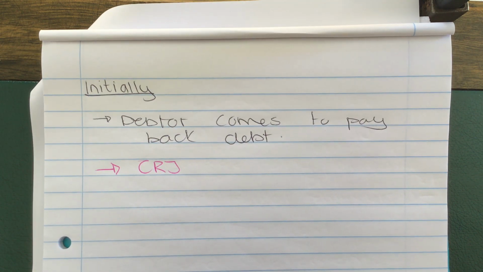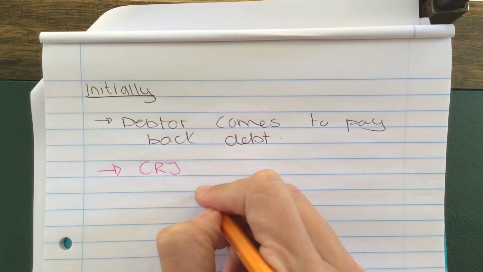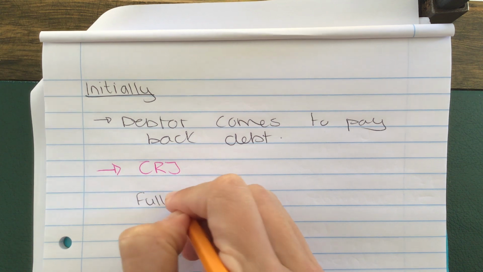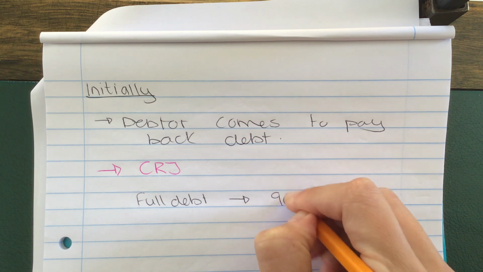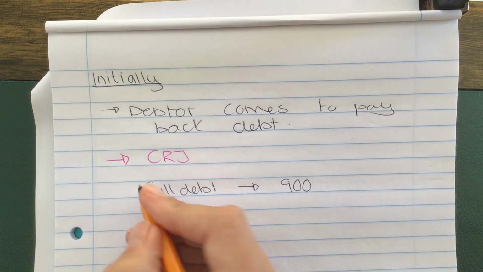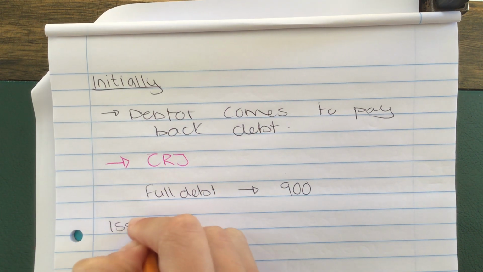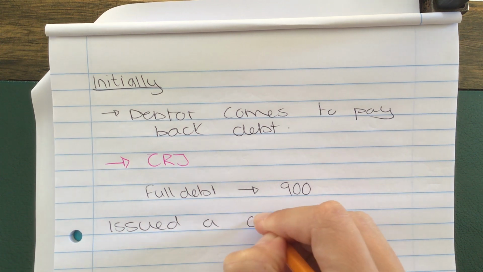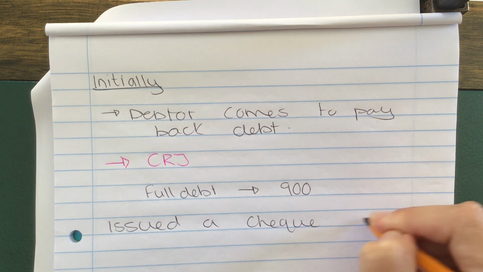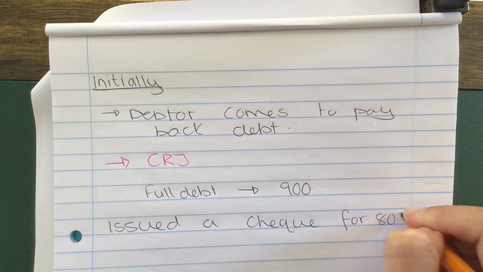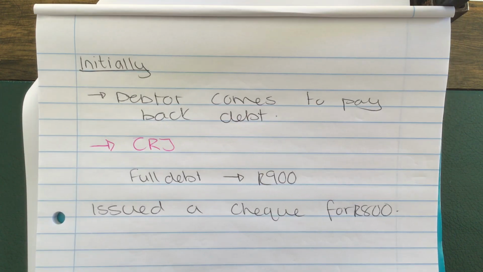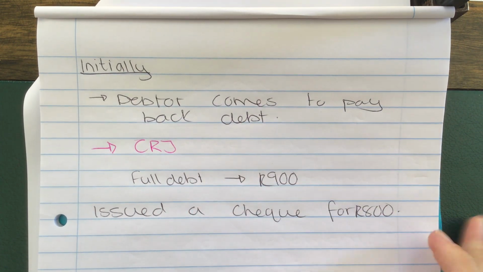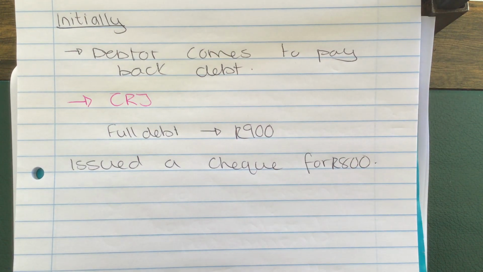Now, let's say we have a debtor whose full debt amount, so how much they owe us, is 900 Rand, okay? And let's say the transaction says that they issued a check for 800 Rand. Now, they came to settle their full debt of 900, but they only paid 800.